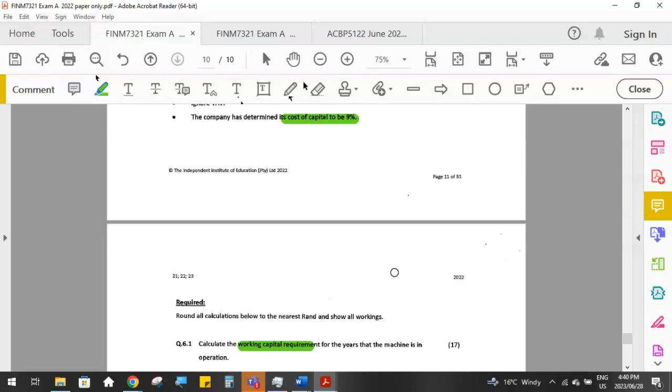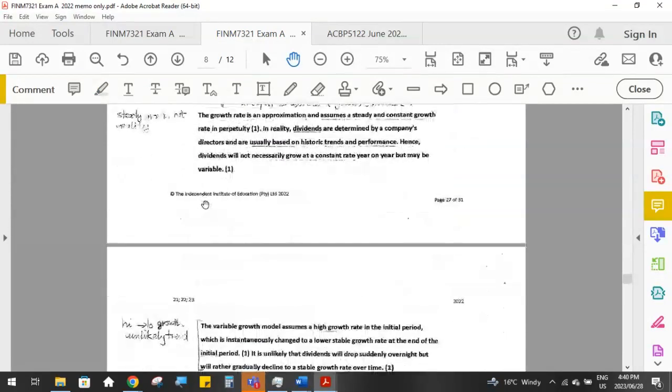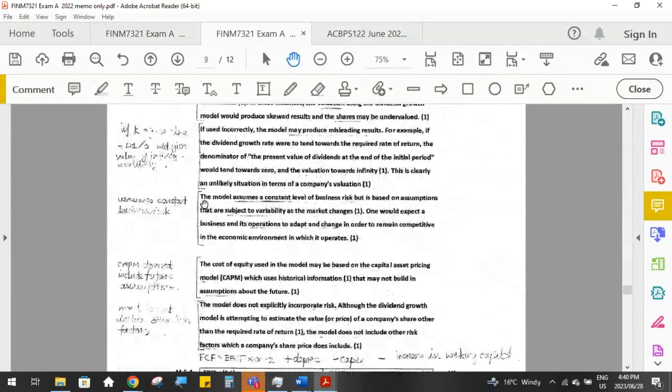It was 13% of this particular paper that was theory questions. So remember, if you haven't memorized your theory and know that information, the discuss, explain, whatever, it's 13% of the paper that you are unable to even attempt to answer. So make sure that you do know your theory.